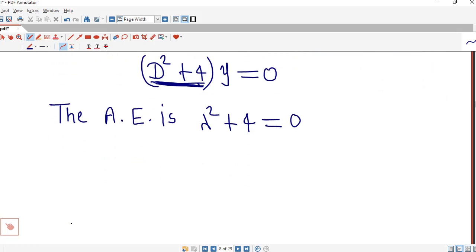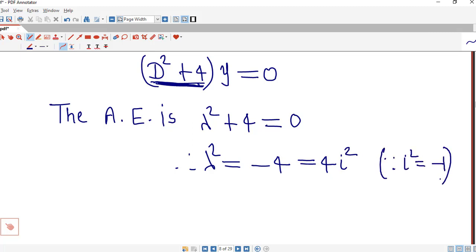So auxiliary equation is lambda square plus 4 equal to 0. That gives us lambda square equal to minus 4, which we can rewrite as 4 into i square, because we know that i square is minus 1. So therefore lambda equal to 2i and minus 2i.